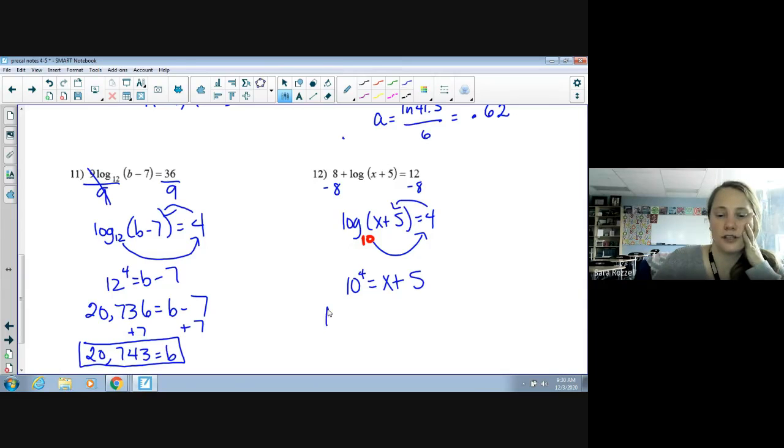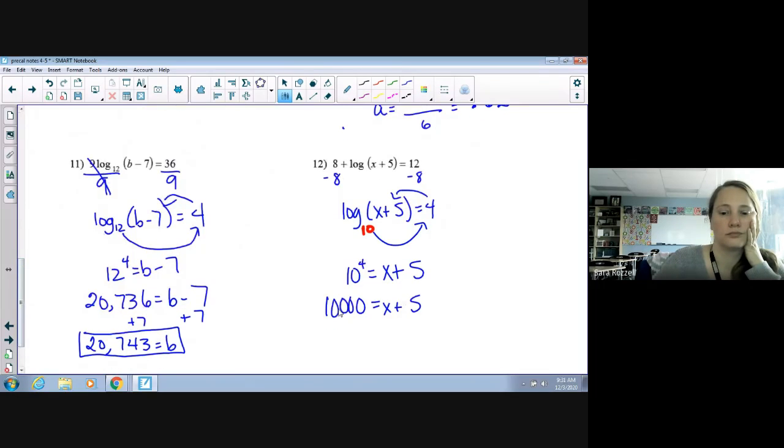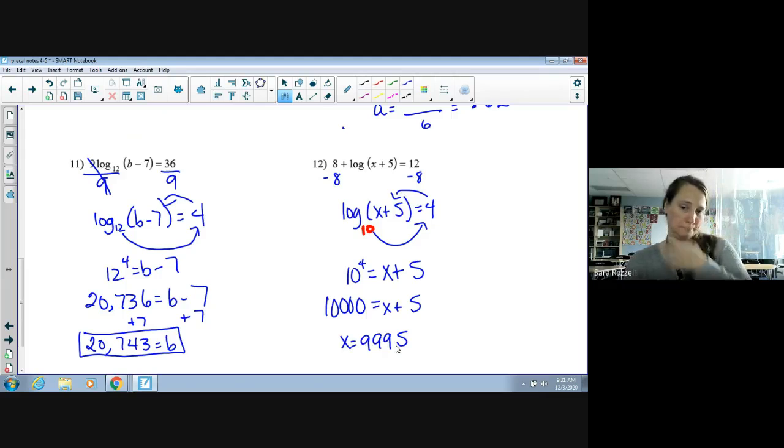And 10 to the 4th is a 1 with 4 zeros. Then we subtract our 5.